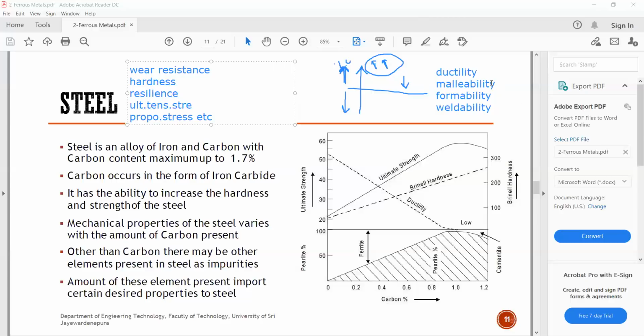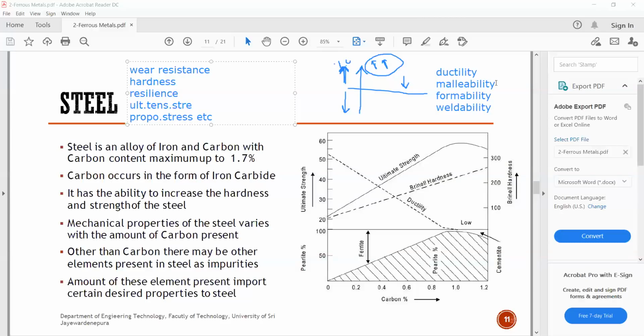Second one, malleability means it is capable of being shaped by hammering or pressing. So if you are hammering or pressing, it is capable of being shaped. That is called malleability.